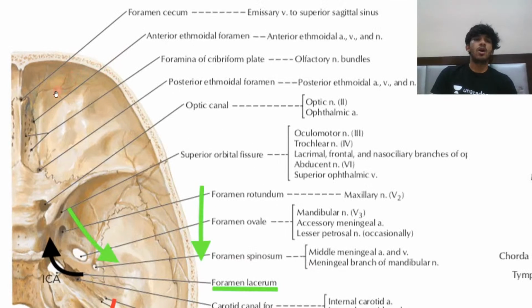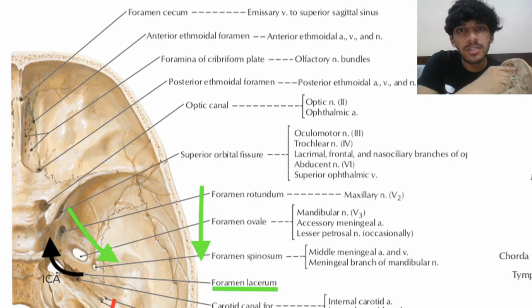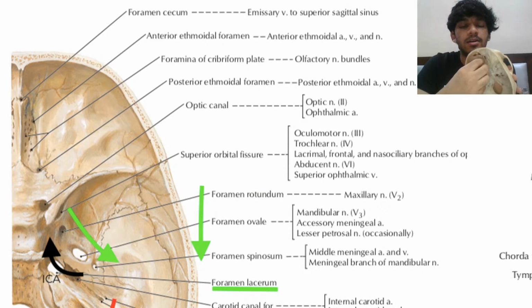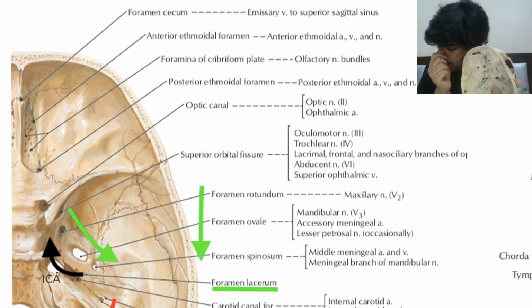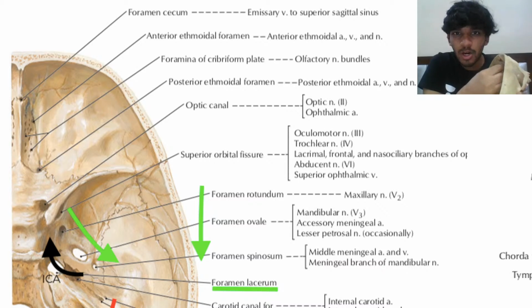So if I move here, on top here, I'll take the skull as well to explain it to you a little better. On the top here, you have the crista galli, a fold of bone. You can see this triangle that is pointed. On the side of it, you have this small foramen, which may or may not be present, known as the foramen cecum.